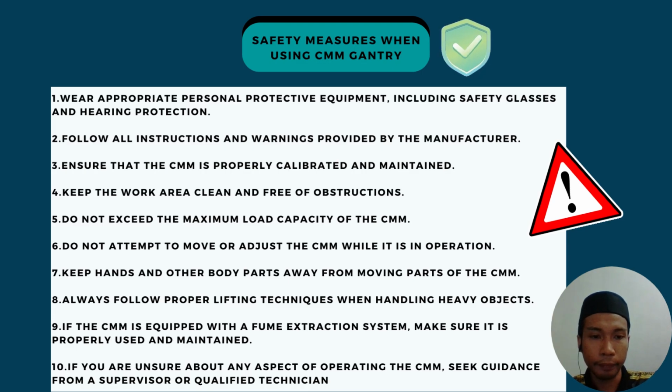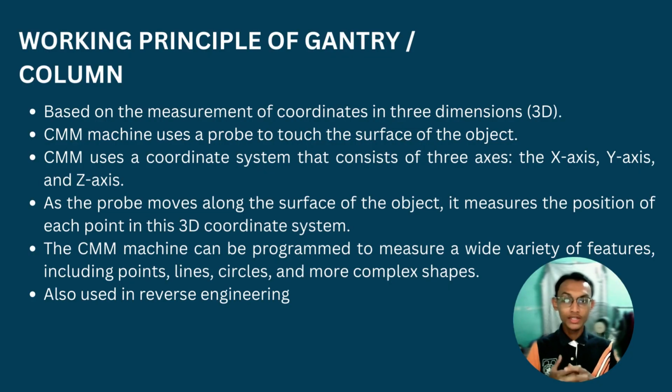The working principle of a Gantry CMM is based on the measurement of coordinates in 3 dimensions. This CMM machine uses a probe to touch the surface of the object being measured and determine its position in space. This position is then recorded and used to create a 3D model of the object's geometry.